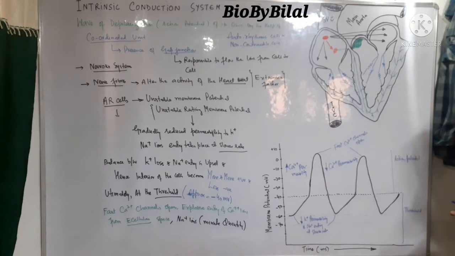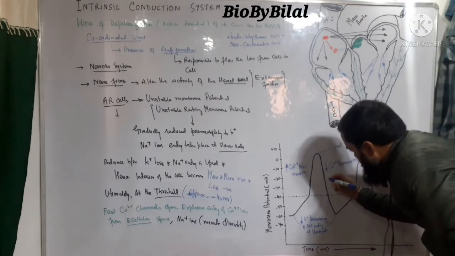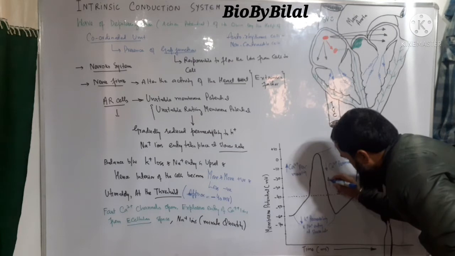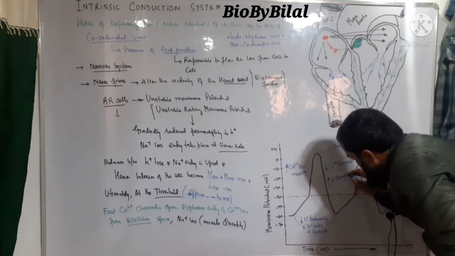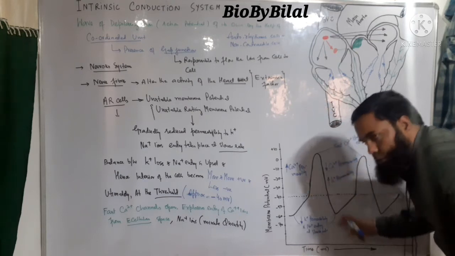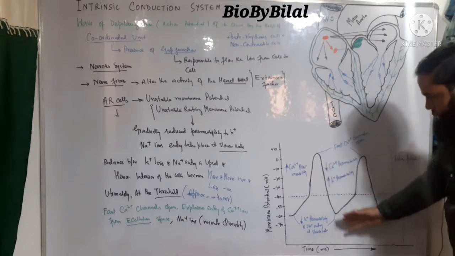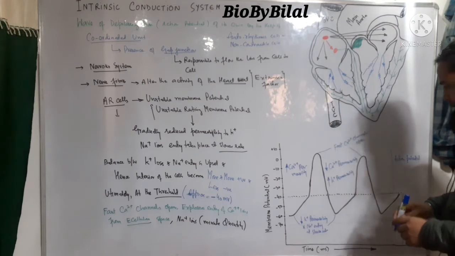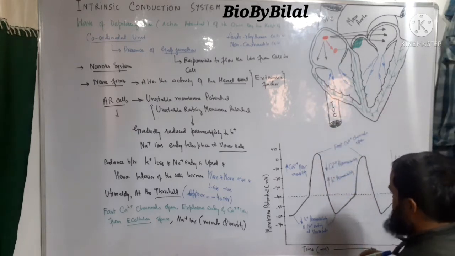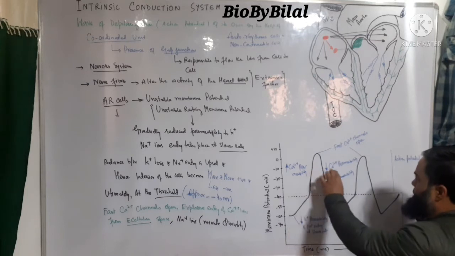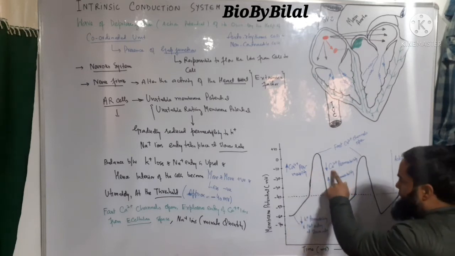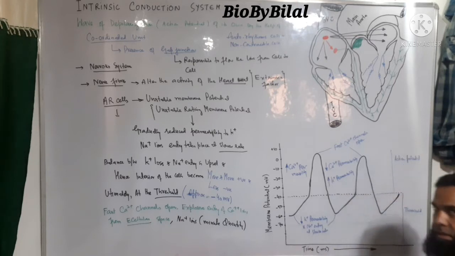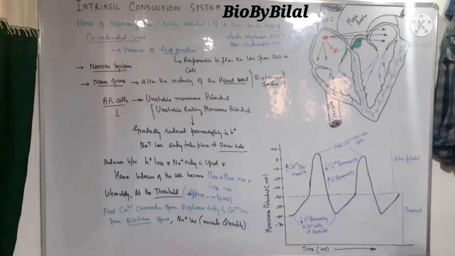The decreased calcium permeability and increased potassium permeability cause a downfall of the graph and it reaches towards or below the threshold point. And what happens? Once again I will tell you, calcium permeability decreased, potassium permeability increases. With increased potassium permeability, there is a wave of repolarization.